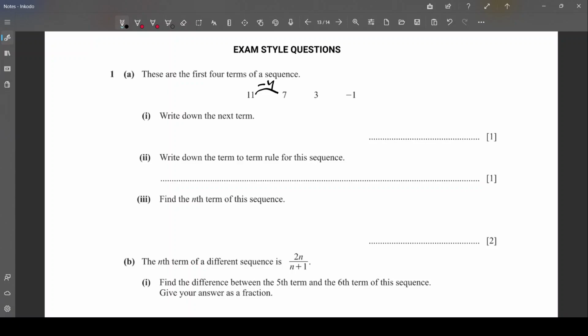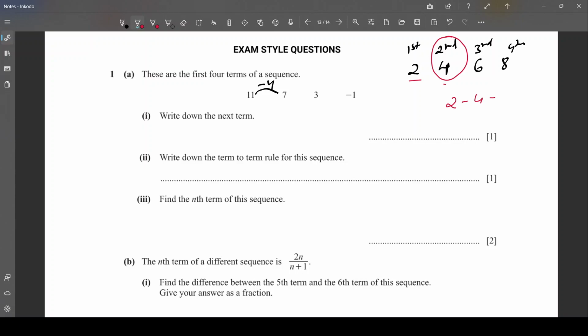So let's say I am having 2, 4, 6, 8. This is the first term, this is the second term, this is the third term, and this is the fourth term. You all know this, right? So to find the common difference, you subtract the first term from the second term. Don't subtract the second term from the first.